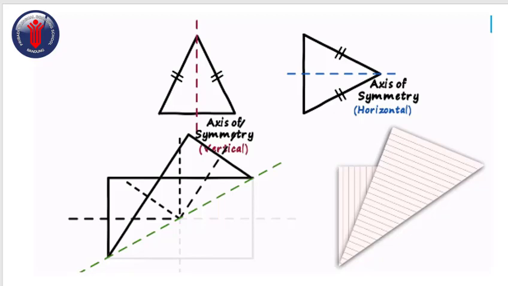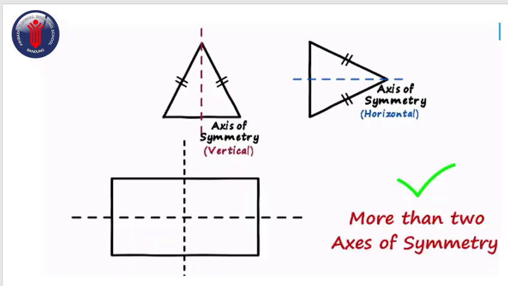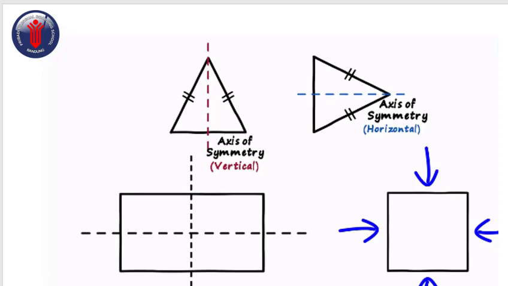Okay, here is another question for you. Can a figure have more than two axes of symmetry? If yes, then which figure? Again, the answer is yes. Take an example of a square. All these sides are equal and all four angles are right angles.